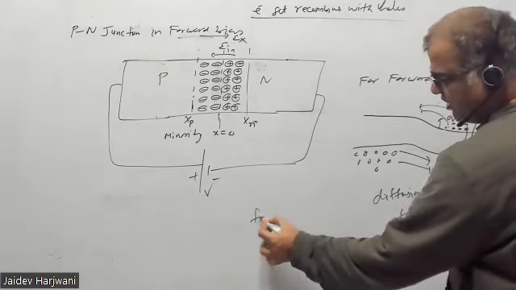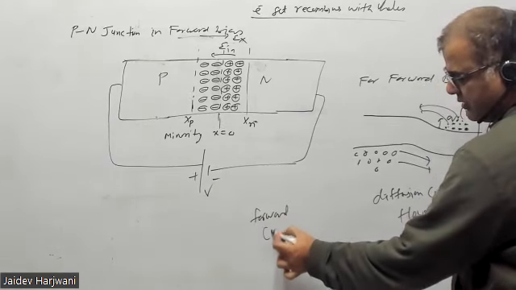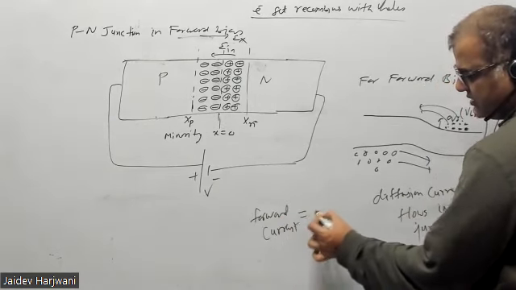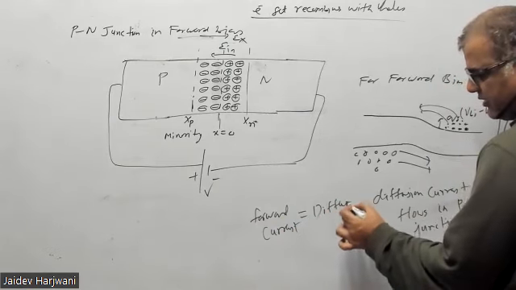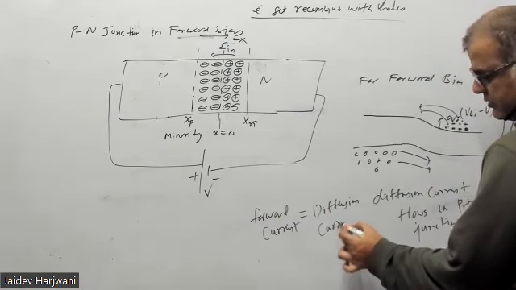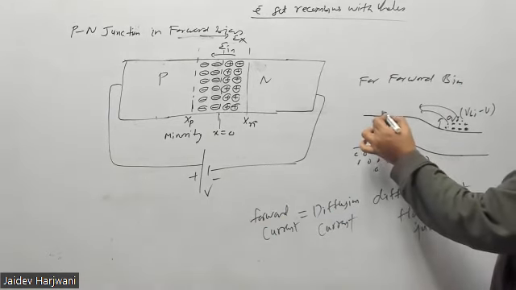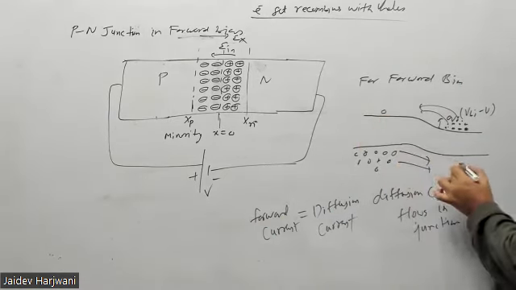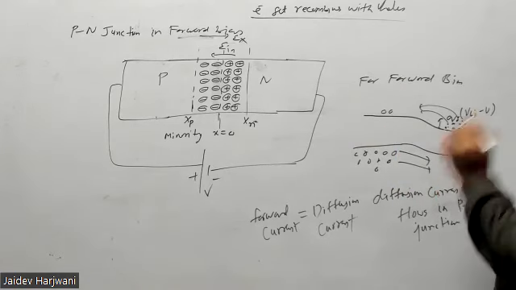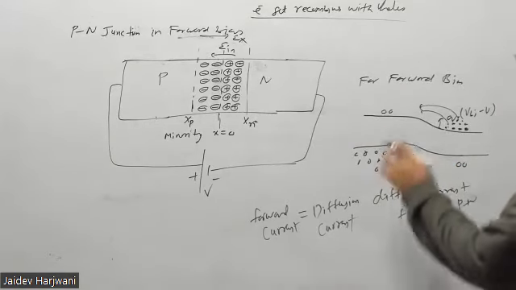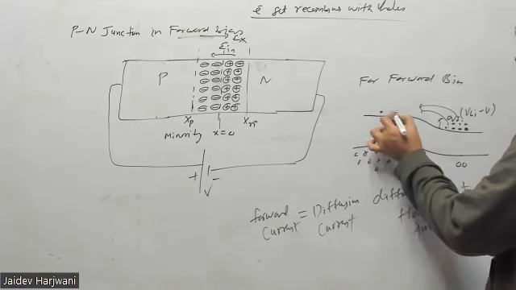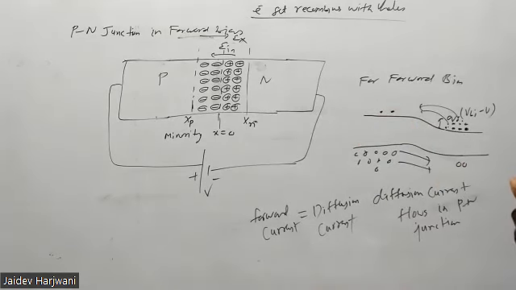Always remember, forward current is diffusion current. Here you have minority electrons, here you have minority holes.